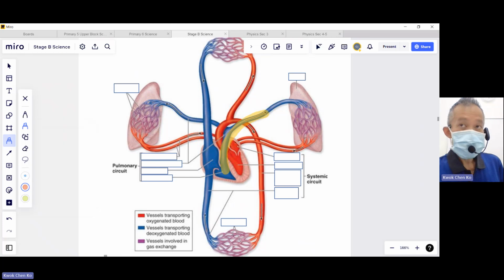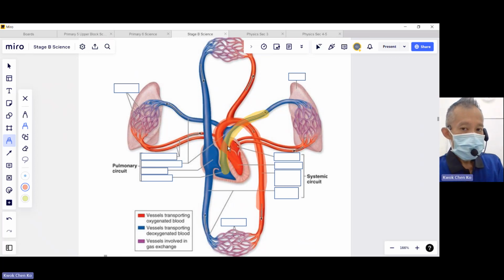Now, same thing for this ventricle. Does it go downwards? No, it doesn't. The blood vessel exits upwards, and moves to the rest of the body.